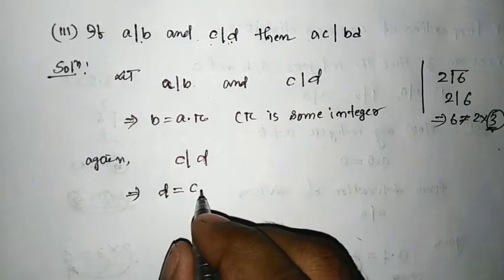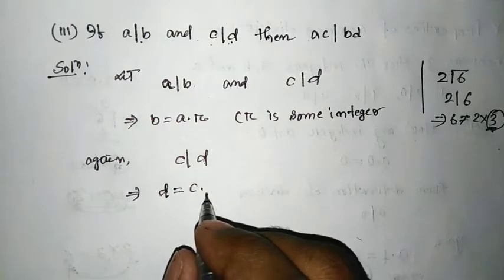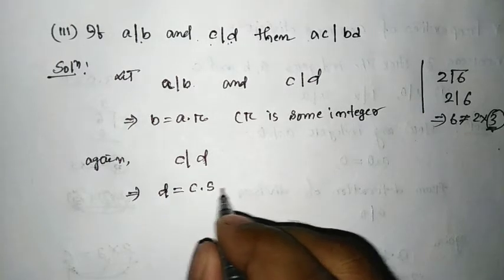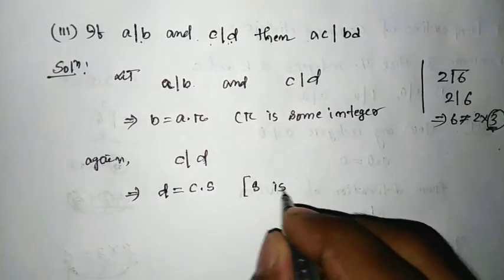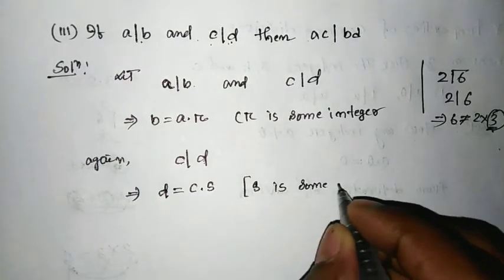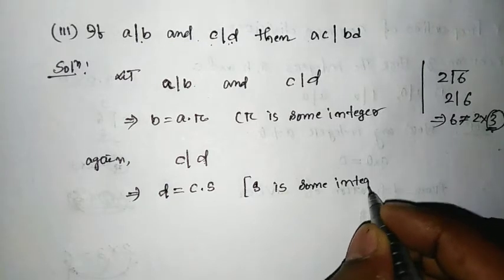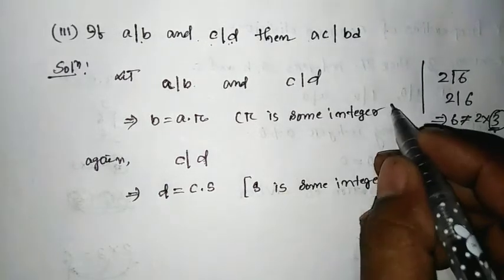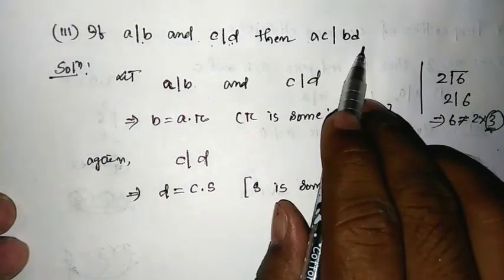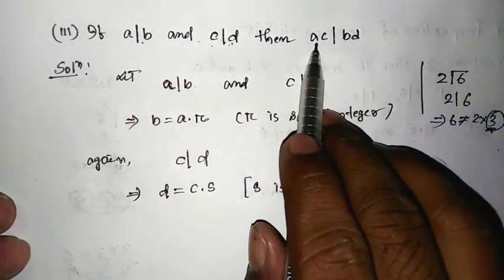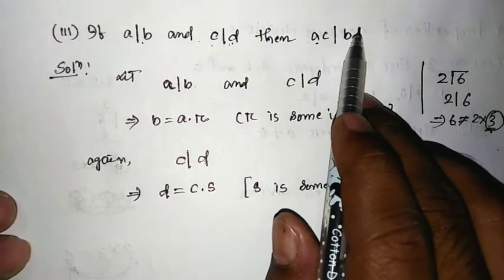From this line again, c divides d. So c is dividing d, so we will get some result. So d is the dividend, d is equal to c into s, where s is some integer.